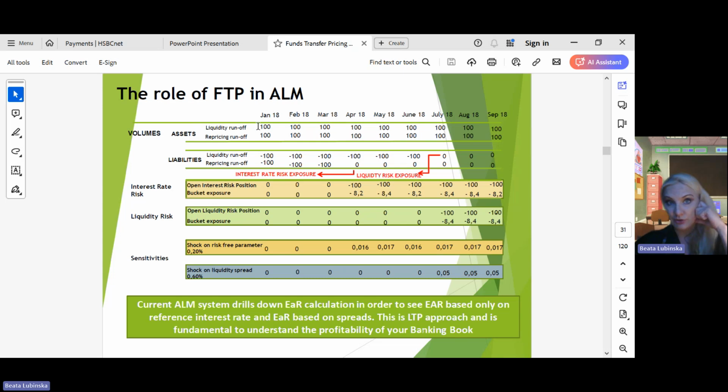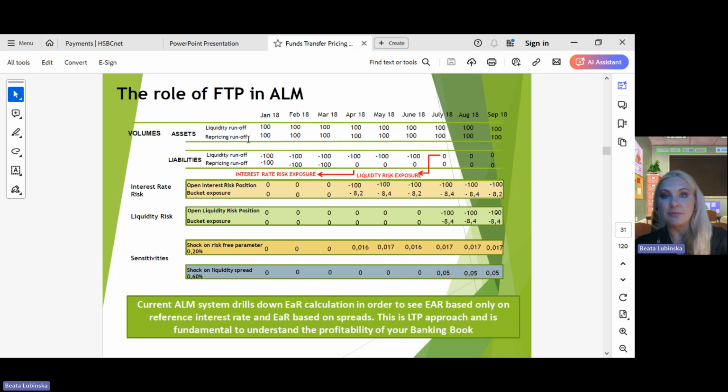So first of all, the notional is 100, and the liquidity runoff is exactly where the position is maturing. We said it is a bullet position, therefore there is no amortization profile. So here you don't see this amortization profile.